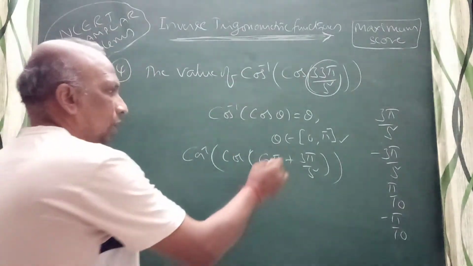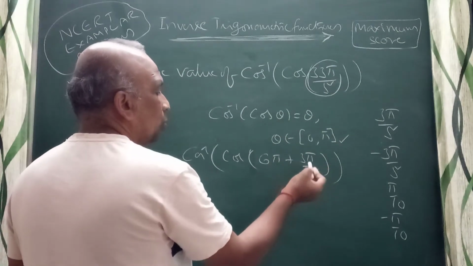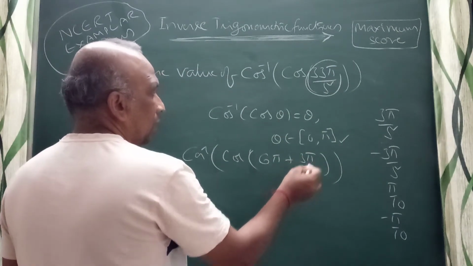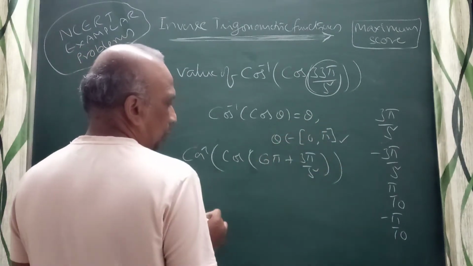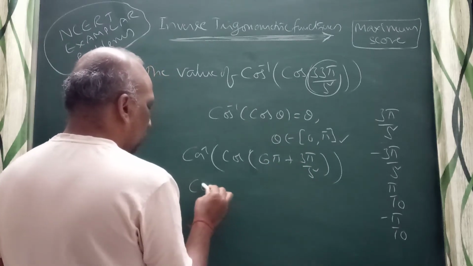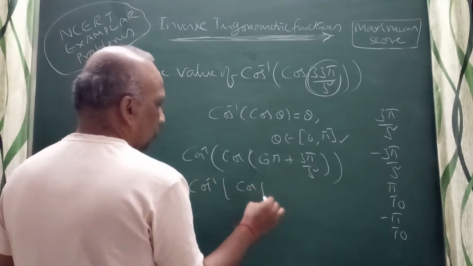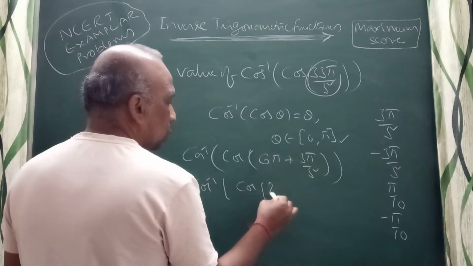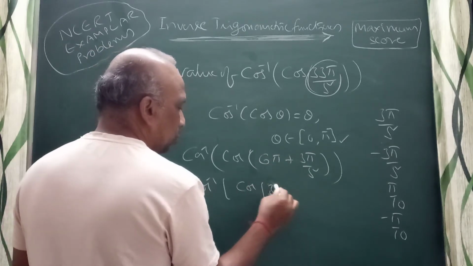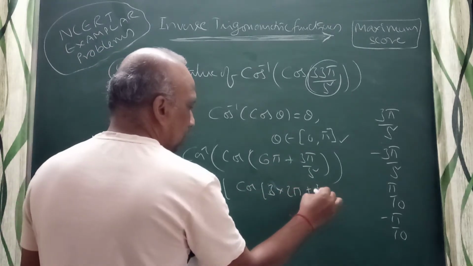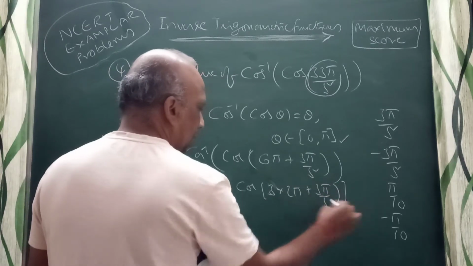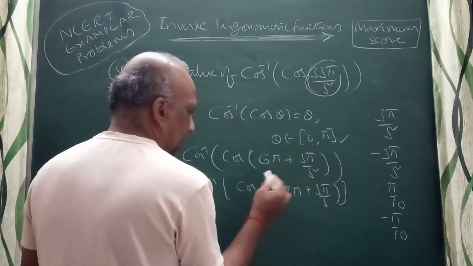After 3 rotations it will come, so this angle should be in the first or second quadrant. I can write 6 pi as 3 into 2 pi, plus 3 pi by 5.